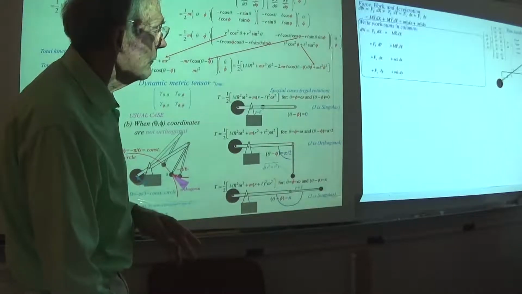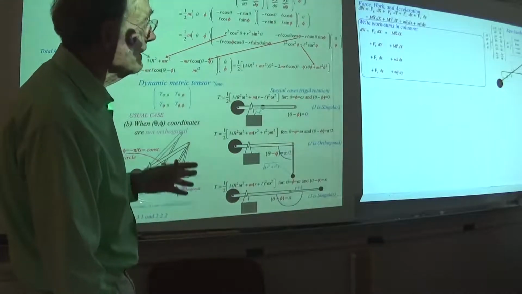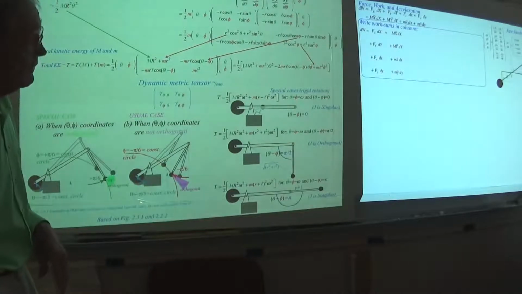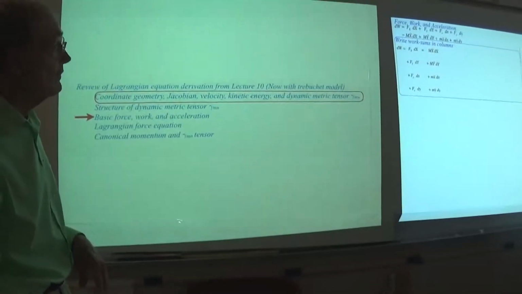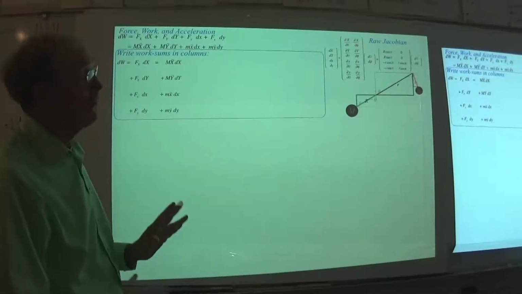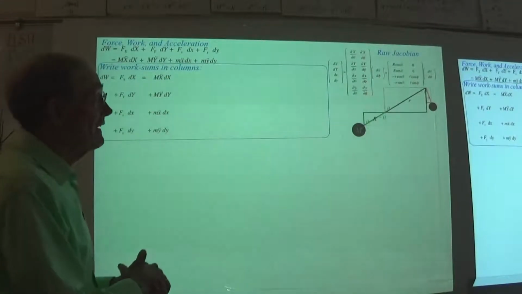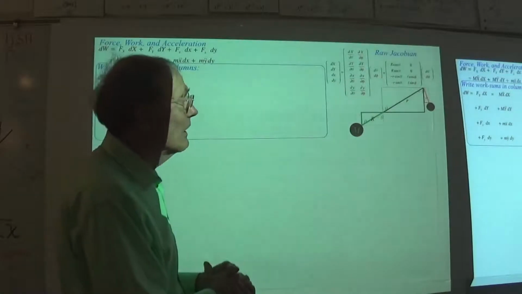So this is where we begin the building of the Lagrange equations. We're going to rederive the Lagrange equations while we're doing it, but this is a pretty good way to set things up so you make sure you're doing that right.